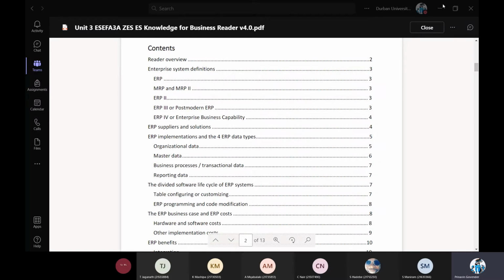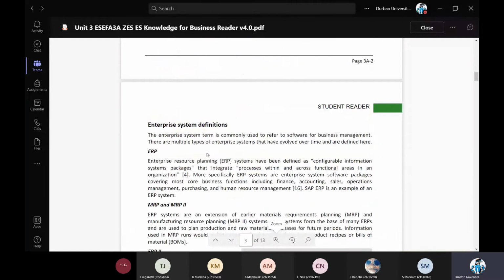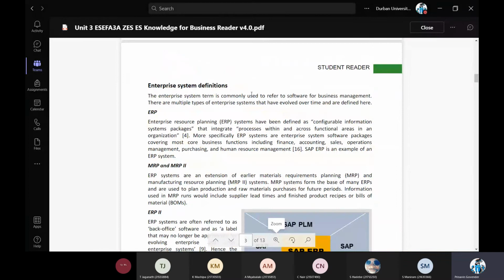What is an ERP system? An enterprise system is referred to software for business management. And in our case, the SAP S/4HANA uses applications in order for us to access the business processes. ERP, Configurable Information Systems Package, integrates processes across the functional areas in an organization.